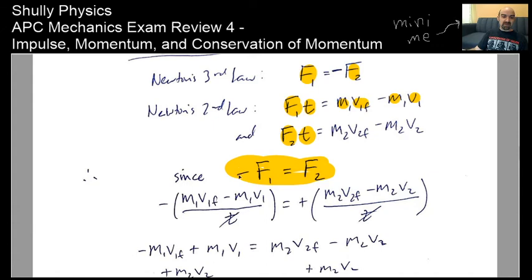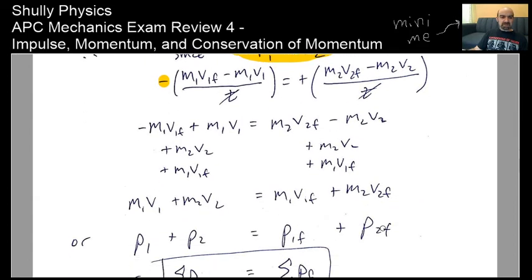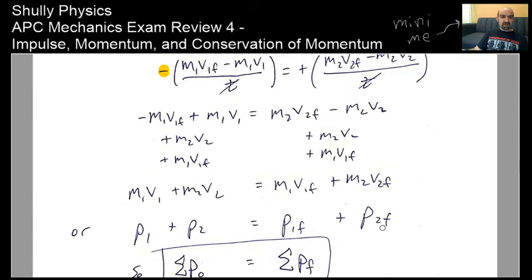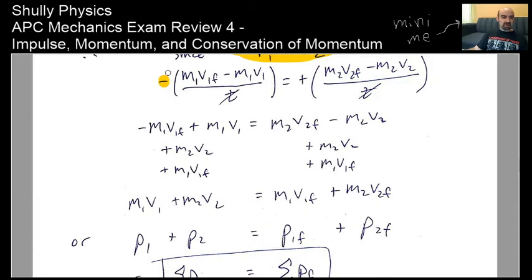Now that's the negative that I'm going to apply there, and that equals the positive F2, so we plug in F2: m2 v2 final minus m2 v2 initial divided by time. The times cancel, and we're left with a negative to distribute here. A little distribution of that negative sign: m1 v1 final plus m1 v1 initial equals all that on the other side.